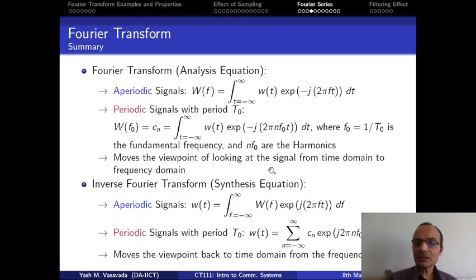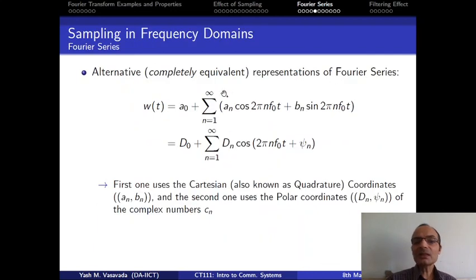So this equation here is the same as the equation over here. Or instead of using cosine and sine, we can also express W of t using what is known as polar coordinates.